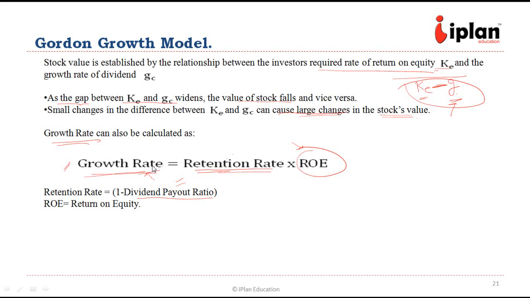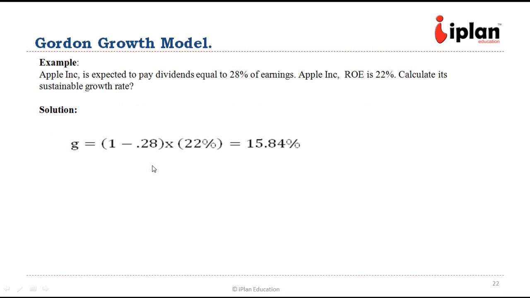Let us take a numerical example here. Suppose a company is expected to pay dividends equal to 28% of the earnings. Return on equity is 22% and we need to find what is the sustainable growth rate of the dividend. As we know, g is retention rate into return on equity.